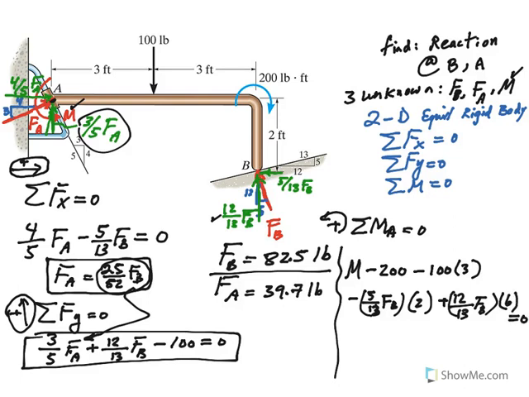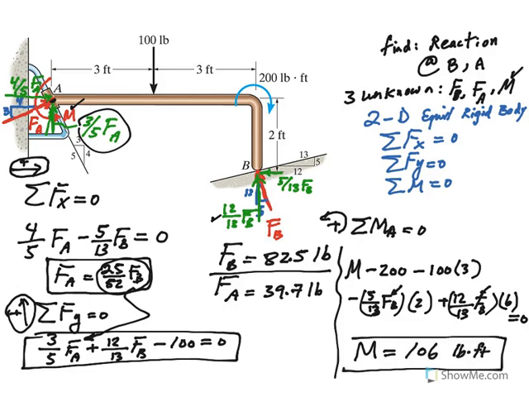So go ahead, plug in 82.5 for F sub B here and solve for M. M comes out to be about negative 106 pound-foot, which implies that the direction of the moment that we picked initially is correct. The assumption that this moment is counterclockwise is correct. So we did get all the reactions that we wanted: we got F sub A, we got F sub B, and we got M. Okay, thank you for watching and listening.